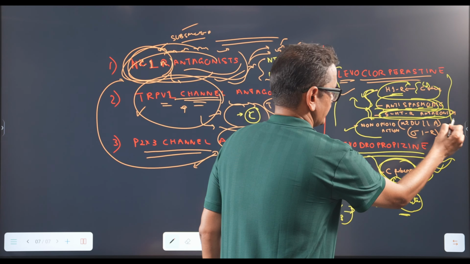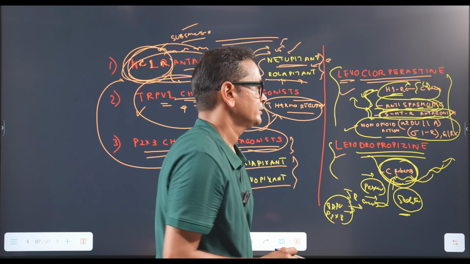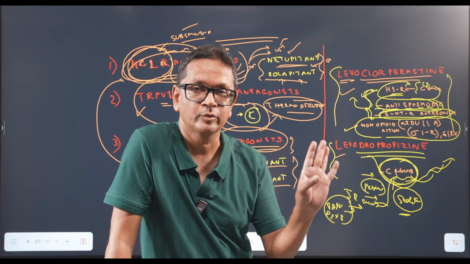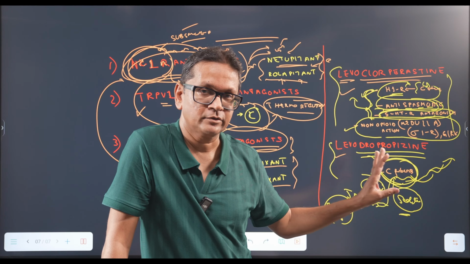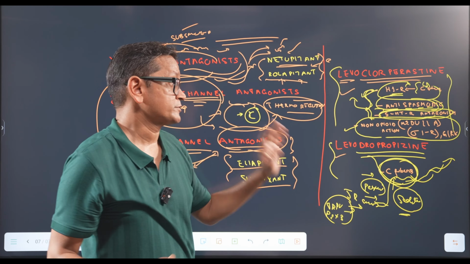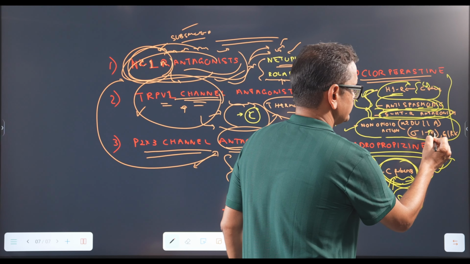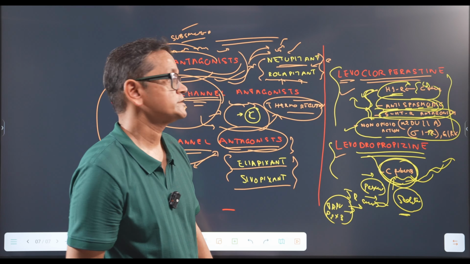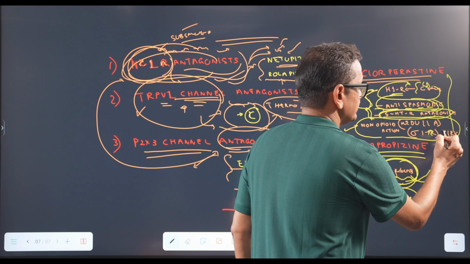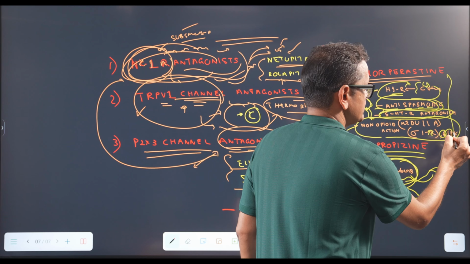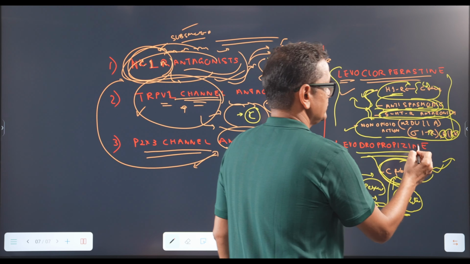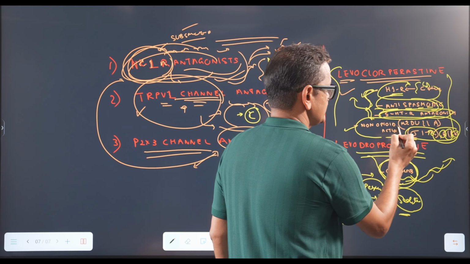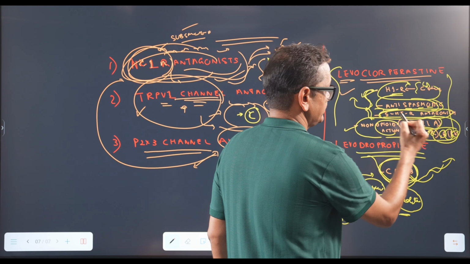Coming to the central mechanism of action, it again acts at the respiratory center, but not through those opioid receptors. That means it is non-sedative. But the central mechanism of action is at these sigma-1 receptors. Sigma-1 receptors at the medulla oblongata. Second one is G protein coupled inward rectifying, that is GIRK, inward rectifying potassium channels. So these two channels are located at the same site as opioid receptors at the medulla oblongata.